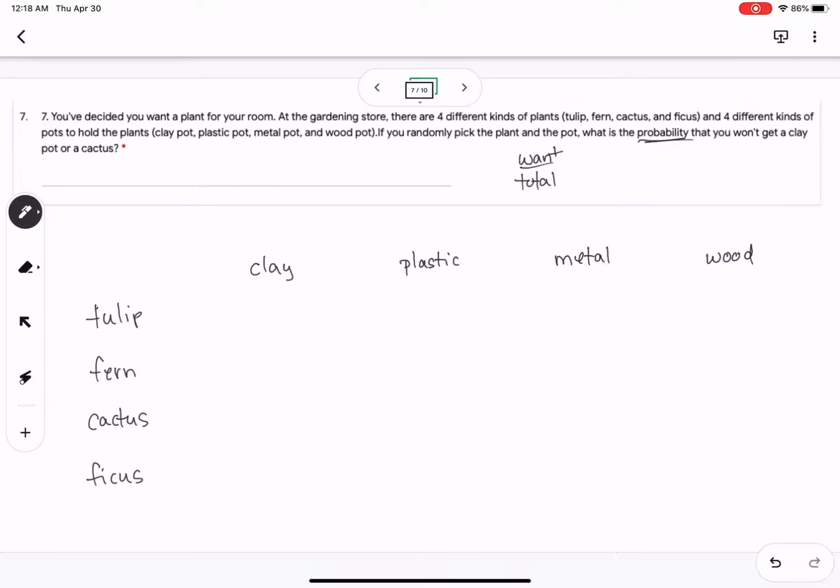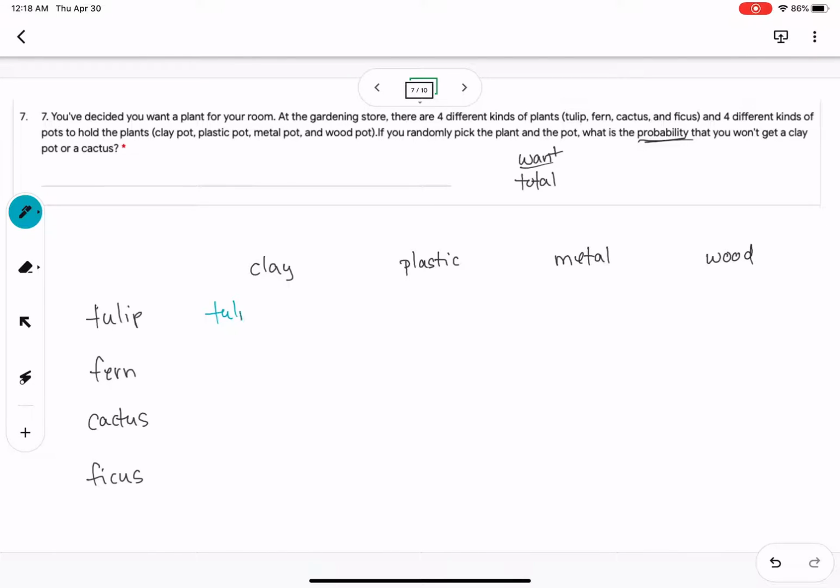Okay, so now let's figure out all these different options. So let's look at our options for tulips. Okay, we can look at it through rows, or we could go across, or we could go down. But it doesn't really matter. You're going to get the same options either way. So let's look at the tulips. We could end up with a tulip in a clay pot.